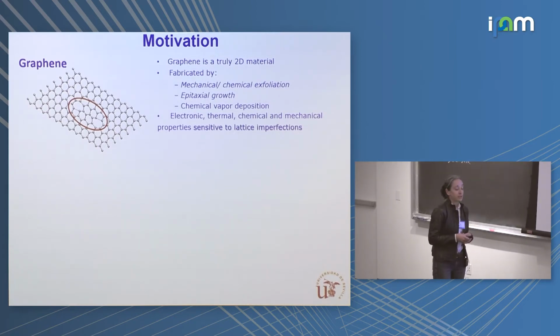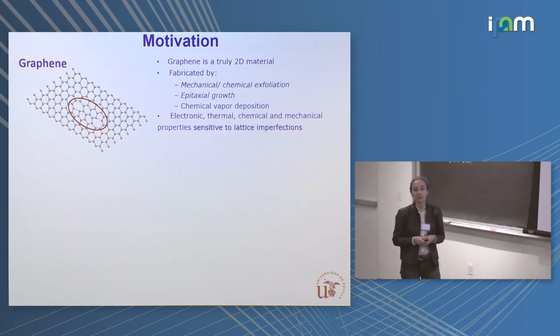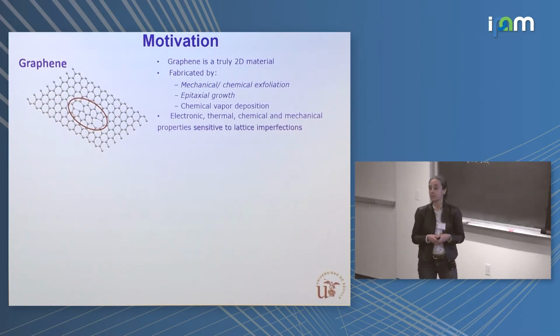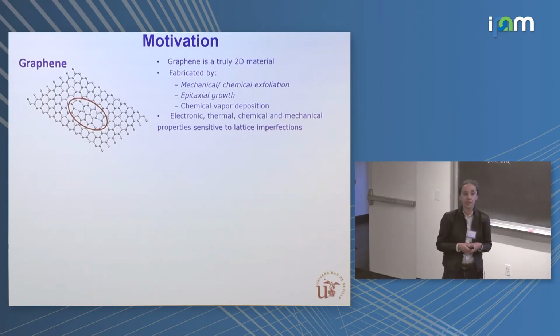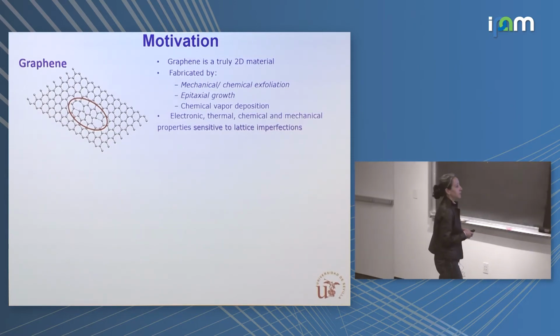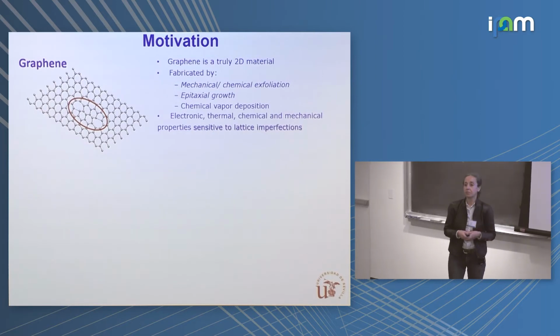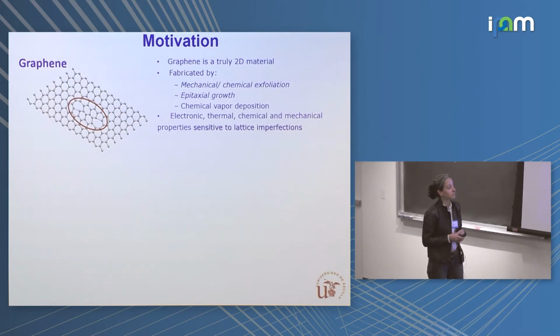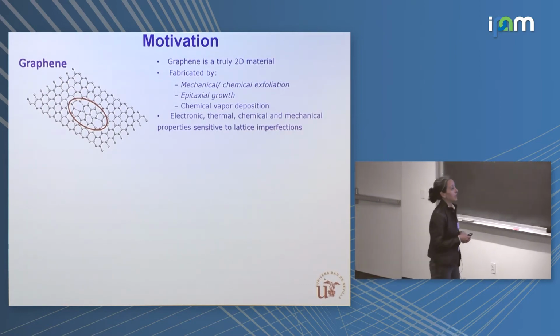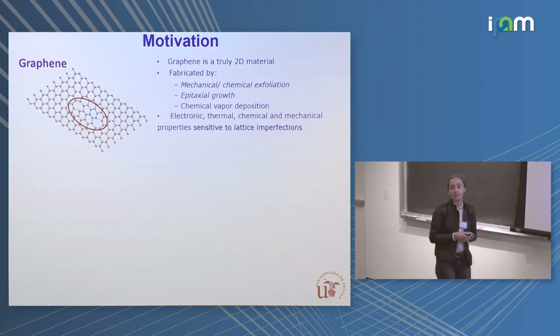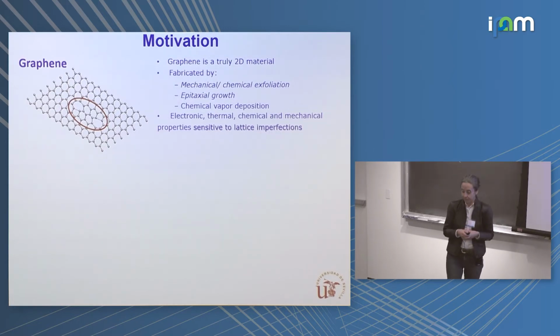It can be fabricated by different means, but real materials all have defects, mechanical defects. The important properties in graphene are electronic, thermal, and chemical. You all know these very promising properties, but they are all sensitive to lattice imperfections, defects.